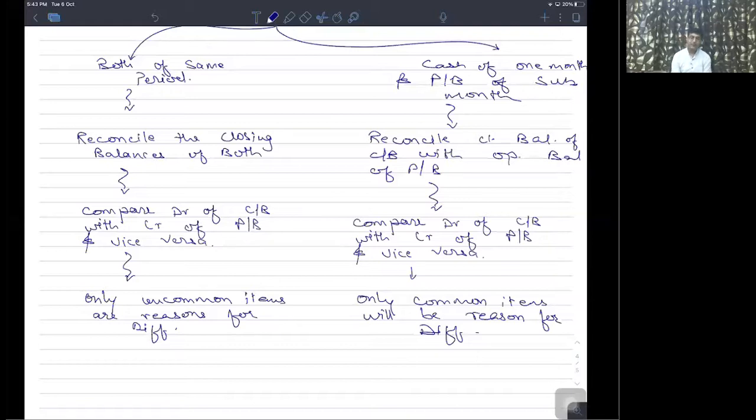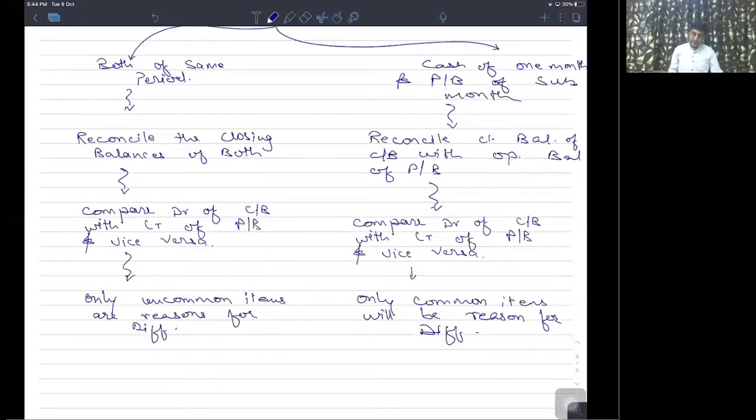And for that purpose, I prepare a corrected cash book, or we commonly call that as the adjusted cash book. Now, what is this corrected or adjusted cash book? Number one, it is prepared for the purpose of rectifying the errors in cash book. Number two, the balance of this adjusted cash book will be appearing in the balance sheet. Whether it is asset or liability depends upon whether it is a favorable balance or overdraft.